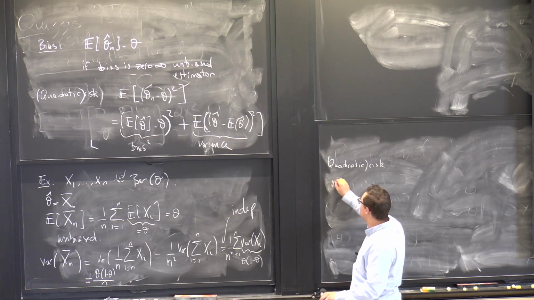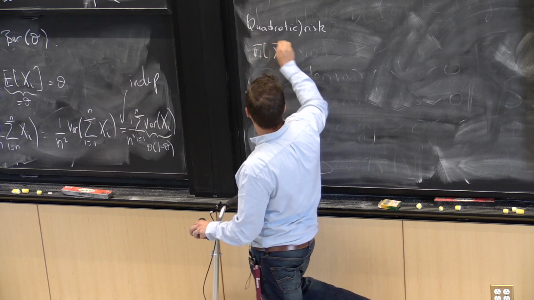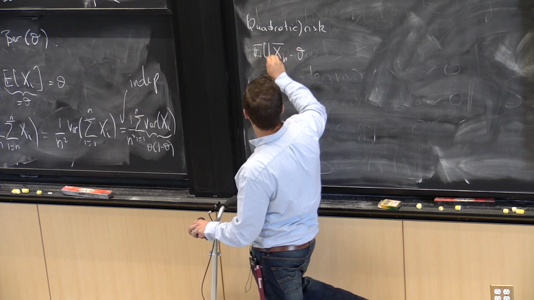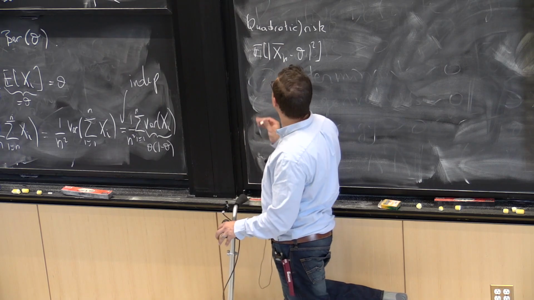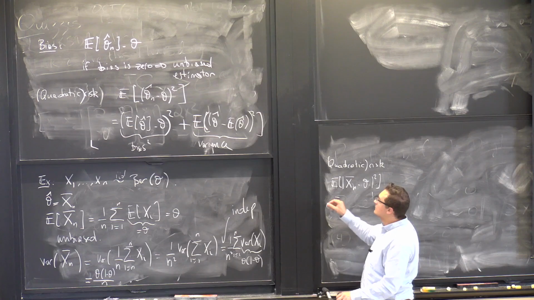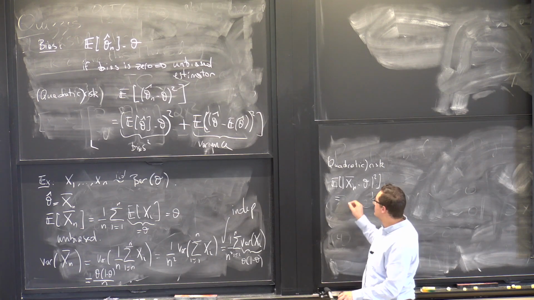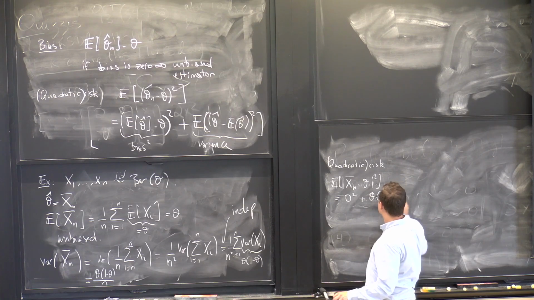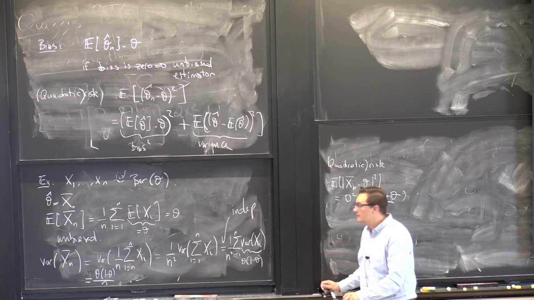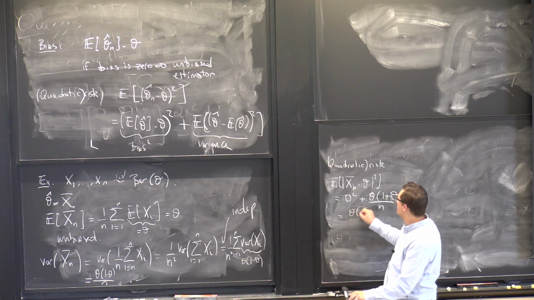Well, it's the expectation of (X bar n minus theta) squared. And we know it's the sum of the square of the bias, which we know is 0, so it's 0 squared plus the variance, which is theta times 1 minus theta divided by n. OK? So it's just theta times 1 minus theta divided by n.